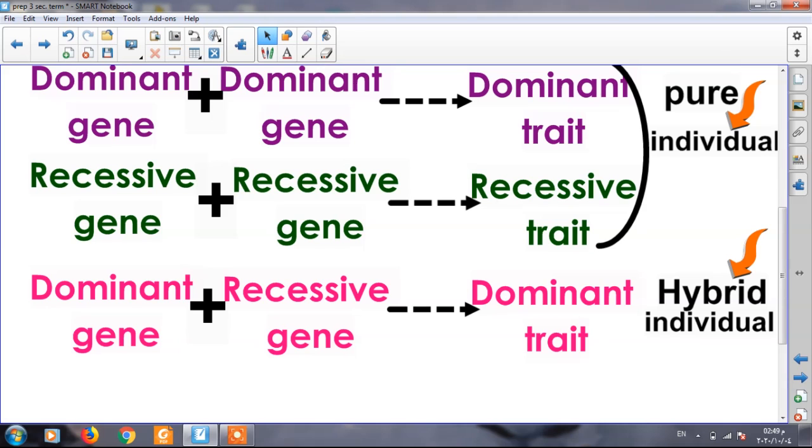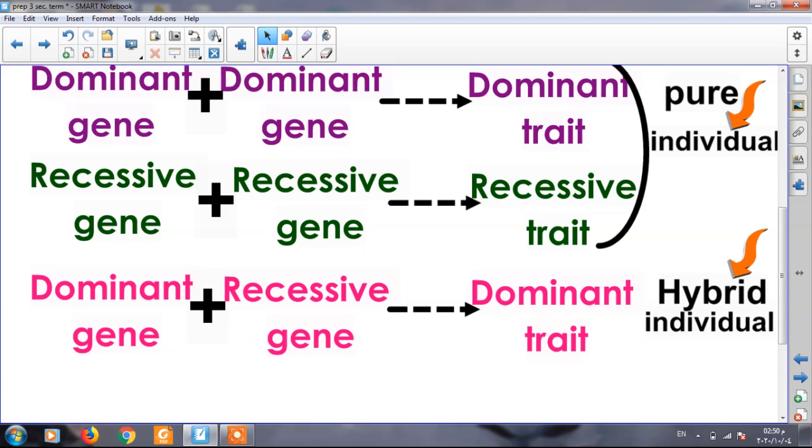But what about the recessive trait? The recessive trait is forever pure only. Why is recessive pure only? Why is there no hybrid recessive? Because a recessive trait consists from two recessive genes. Do you think maybe a recessive trait consists from recessive and dominant? Of course no. Why?